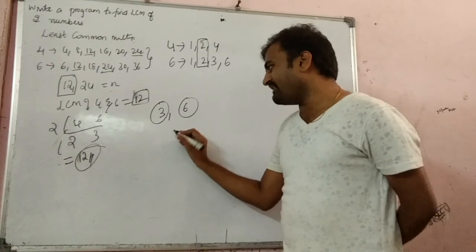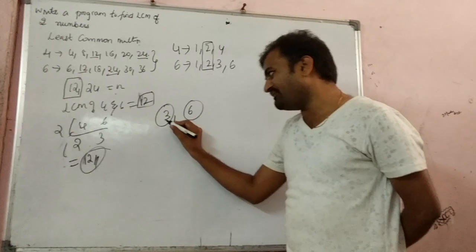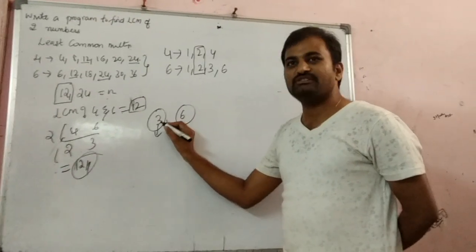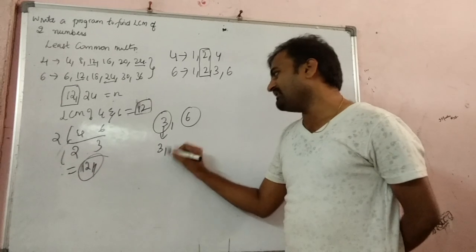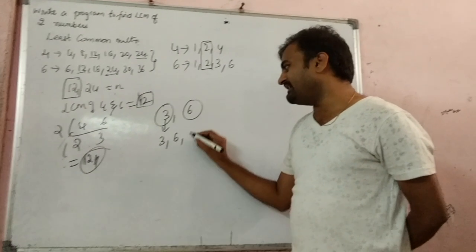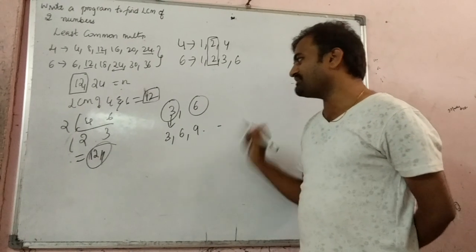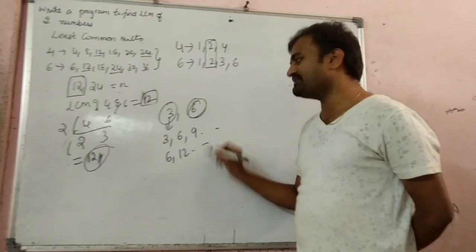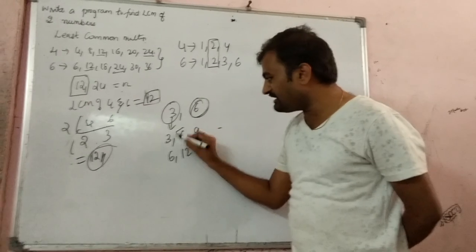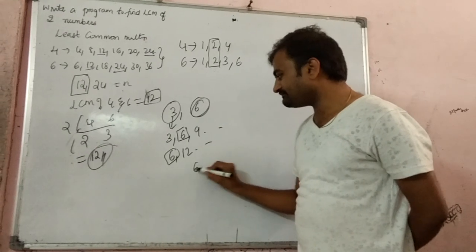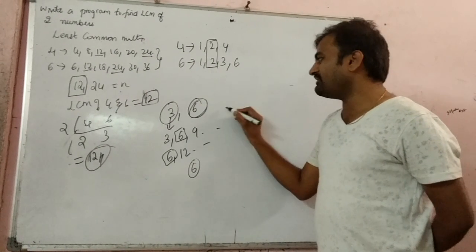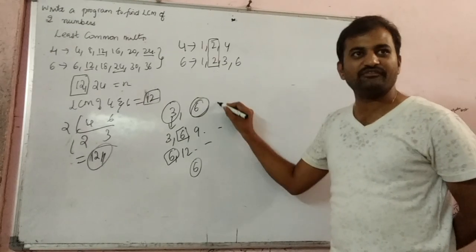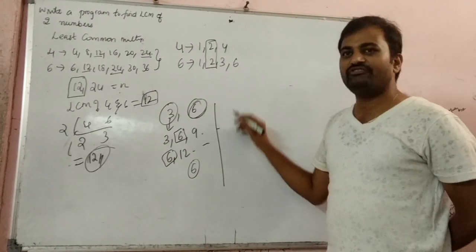We have to take the multiples of 3. The multiples of 3 are 3, 6, 9 and so on. And the multiples of 6 are 6, 12 and so on. So the least common multiple is 6. Now we have to check the GCD of 3 and 6 also.